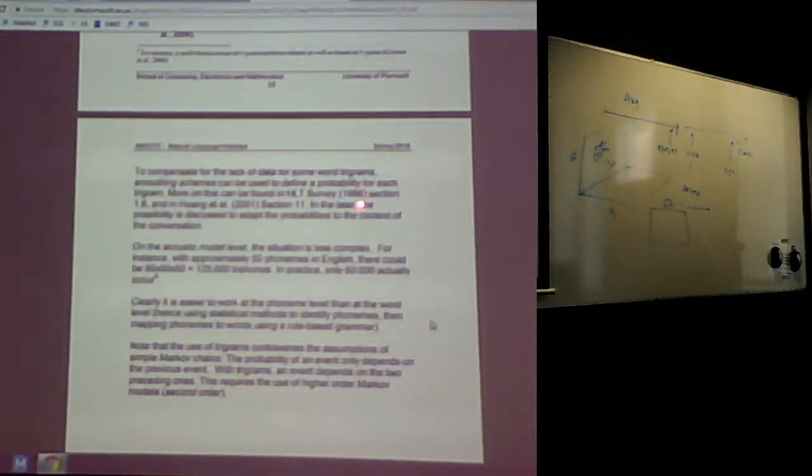And actually in practice only 60,000 actually happen. So to build a proper acoustic model of English is feasible. So that's why Nuance uses a statistical acoustic model of English for phoneme identification.